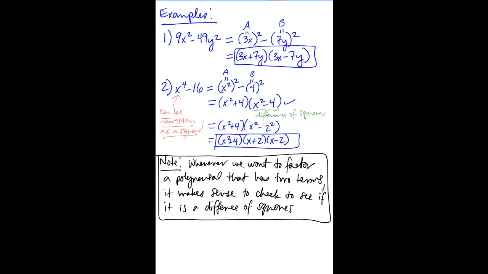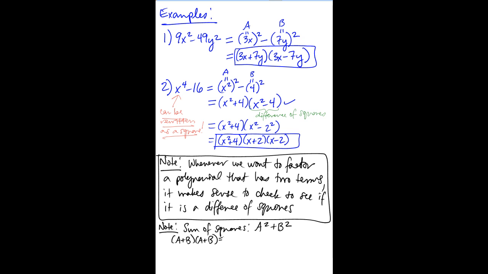Something else I want to note. Notice the sum of squares is different from the difference of squares. A squared plus b squared can't necessarily be factored. Now you may be tempted to say, well, maybe a plus b times a plus b would get you a squared plus b squared.